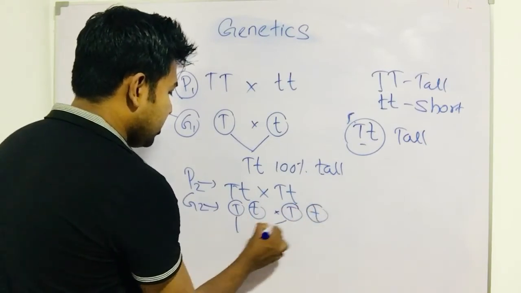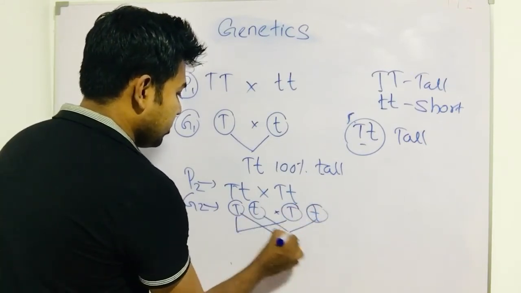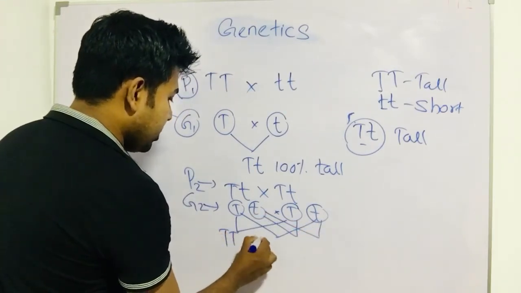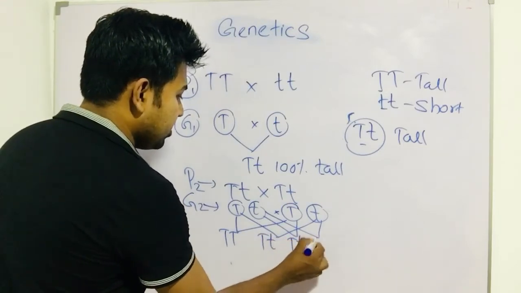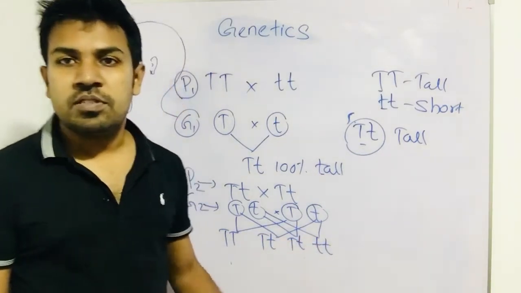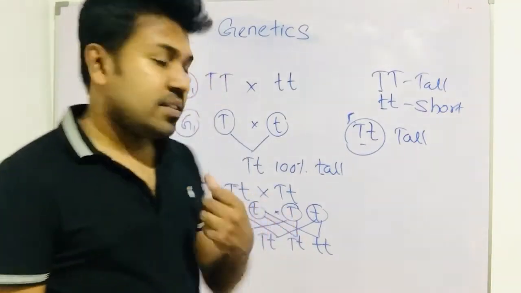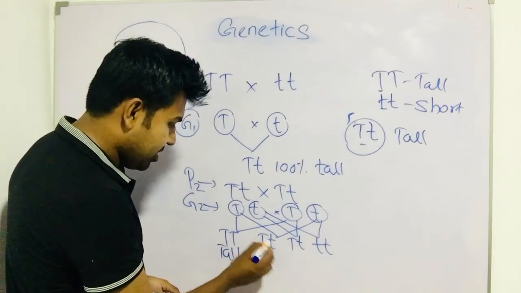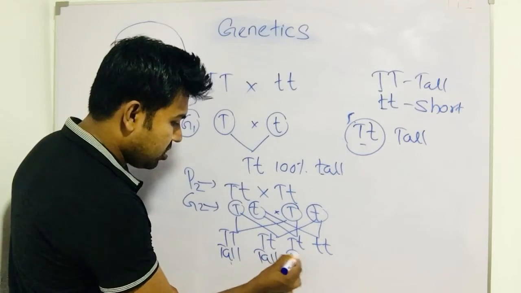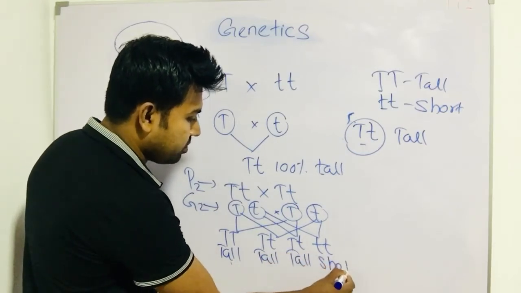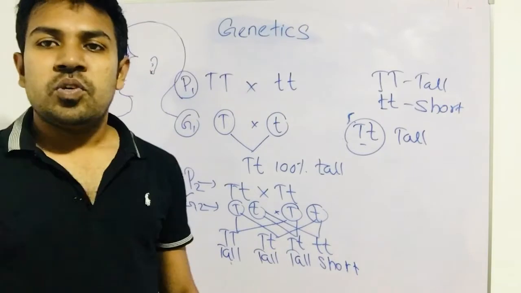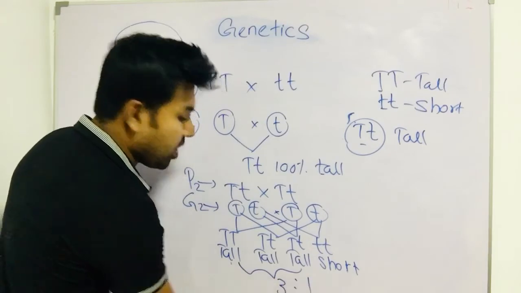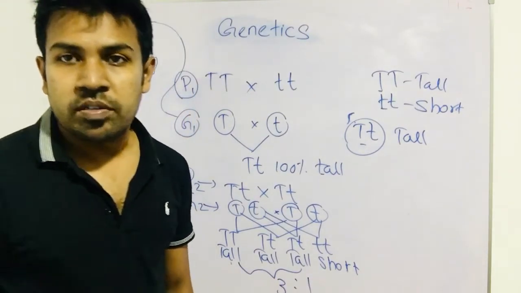He crossed it like this: capital T capital T, capital T small t, capital T small t, small t small t. So this was the result he got. You can see here, this is tall, this is tall, this is tall, and this is short. So according to that, 3:1 is the result he got.